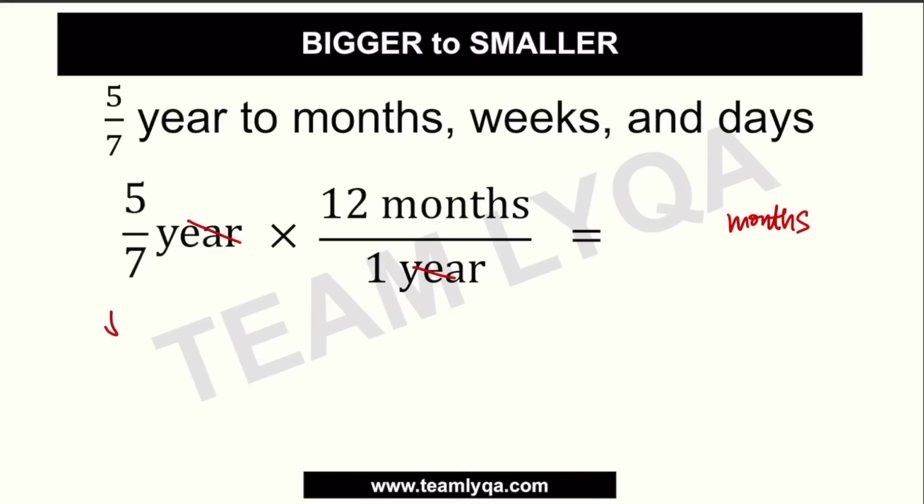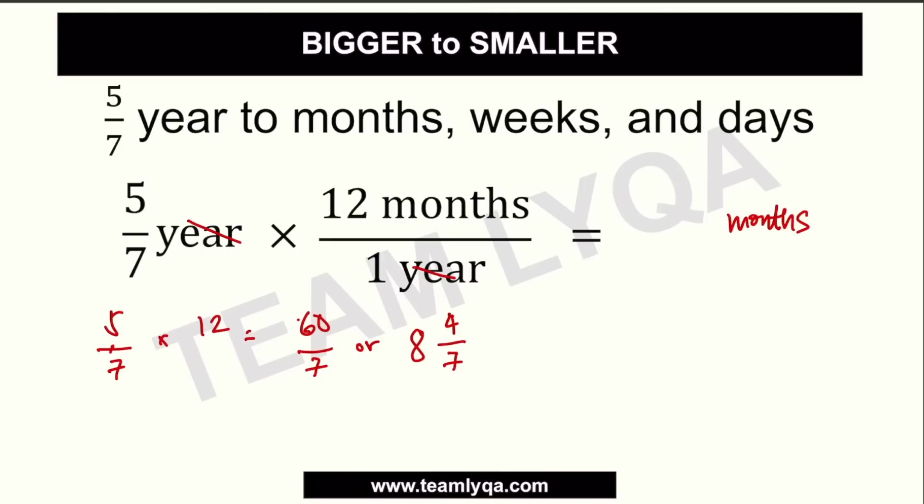Na kung isosolve ko yon, 5/7 times 12, this is going to give me 60 over 7, kasi 5 times 12 is 60. Now, kung gagawin ko siyang mixed number, 7 times 8 is 56. So, you have 8. Tapos, yung 56, ibabawas ko ngayon sa 60, meron akong remainder na 4/7.